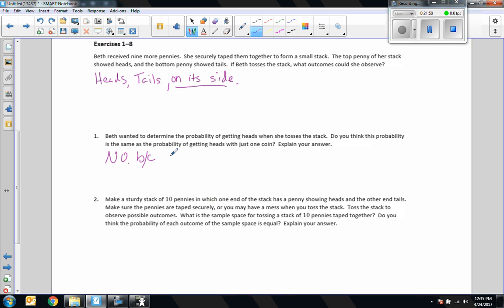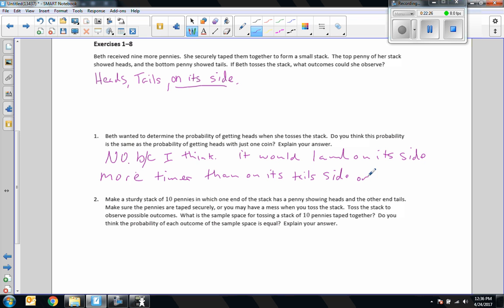because I think it would land on its side more times than on its tails side or heads side.